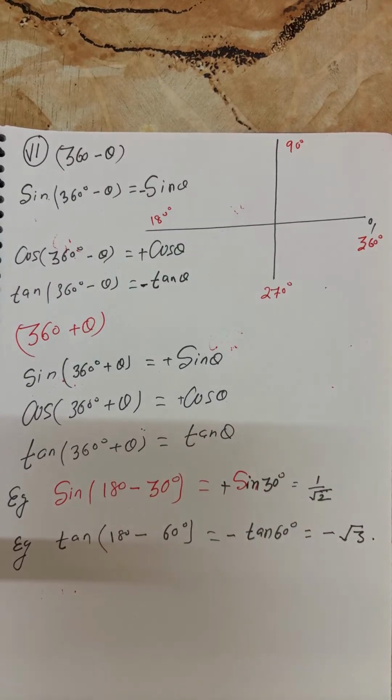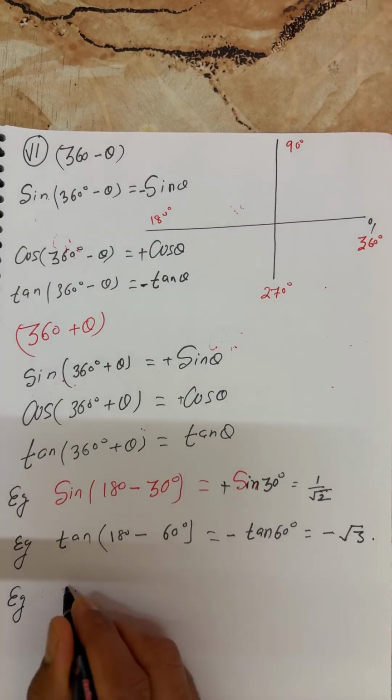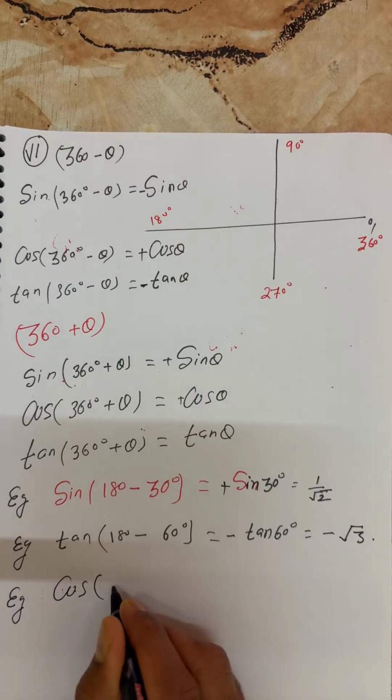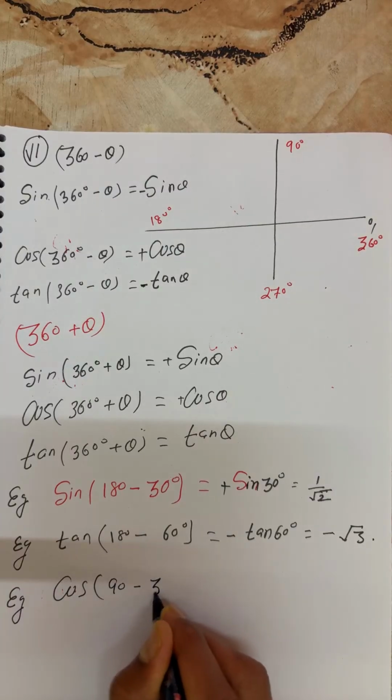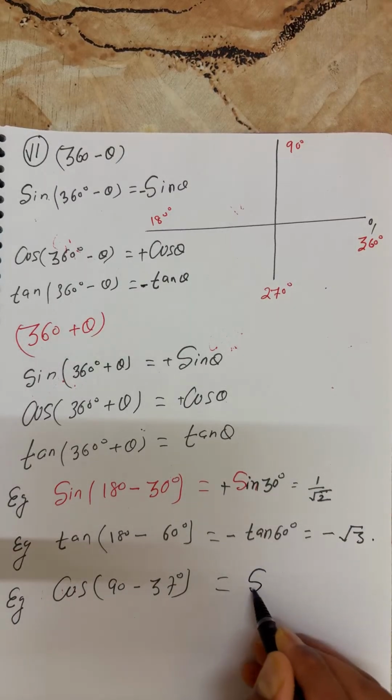Okay, next, kids. Beta, cos of 90 minus 37 degree. Tell me, quickly, fast. What is your answer? Cos 90 minus theta changes, so we are pretty sure it becomes sine theta.